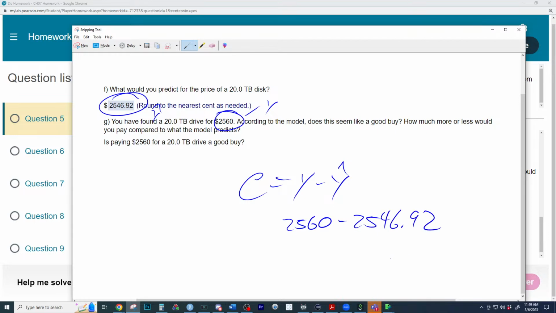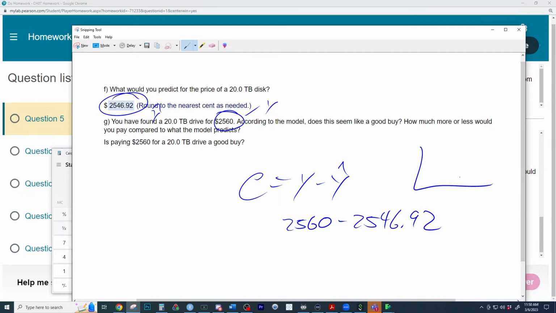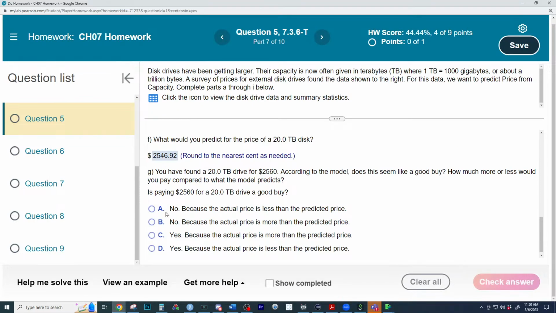And there we go. So the residual equals the actual minus the predicted. And so 2560 minus that. So it actually costs more than it was predicted to be. So this is not a good idea to buy it. Because we're above here. We have a positive residual of like $13, which means we're 13 above the predicted price.